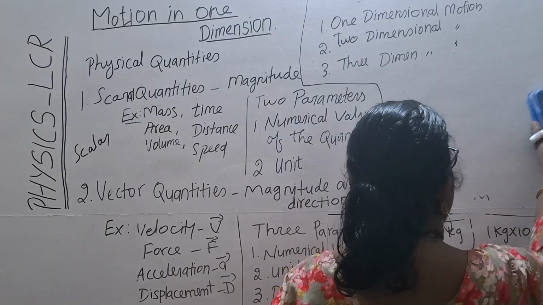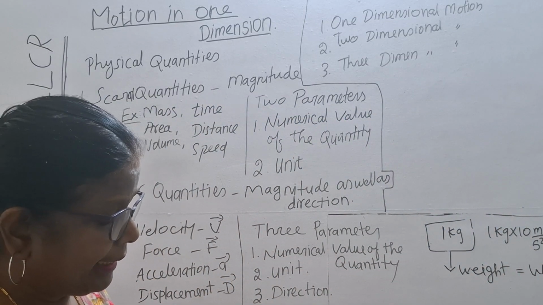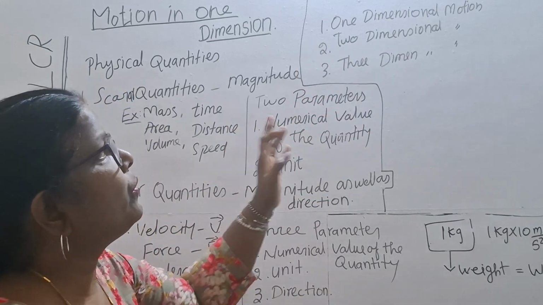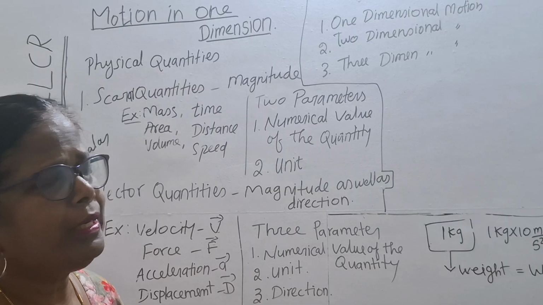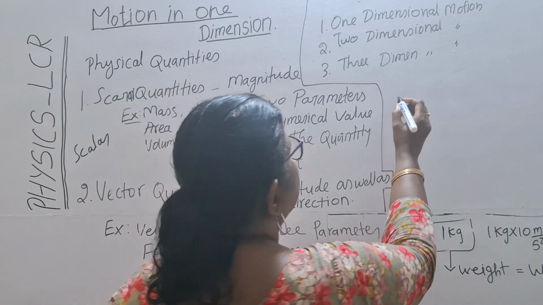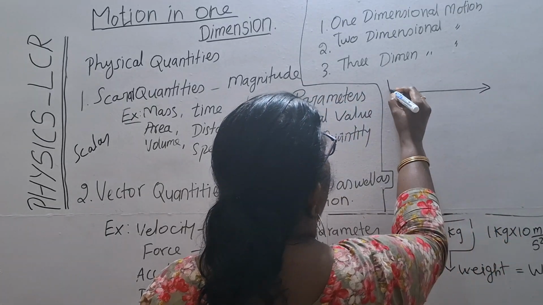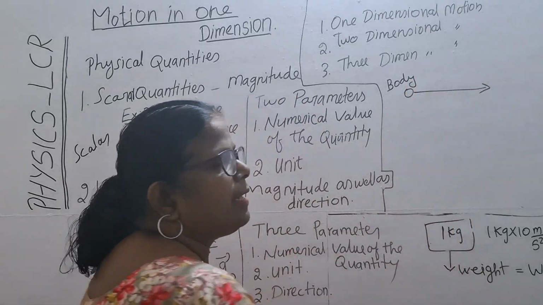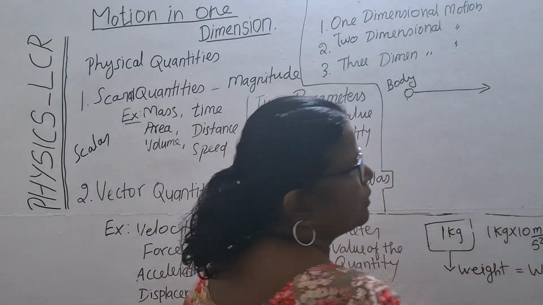Next actually we are going to study about 1-dimensional motion, 2-dimensional motion, 3-dimensional motion. What is 1-dimensional motion? Body moves in a straight line path. That is known as 1-dimensional motion.